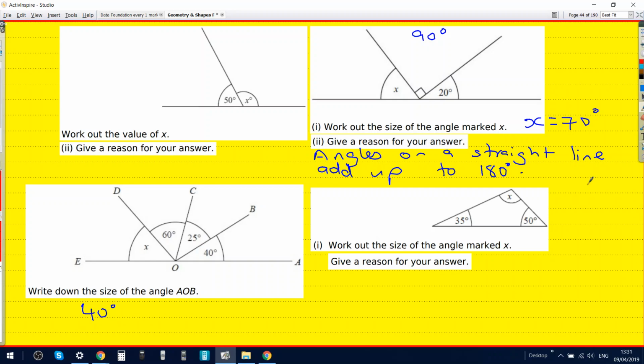So basically, they should add up to 360. No, angles of a triangle add up to 180. Correct.